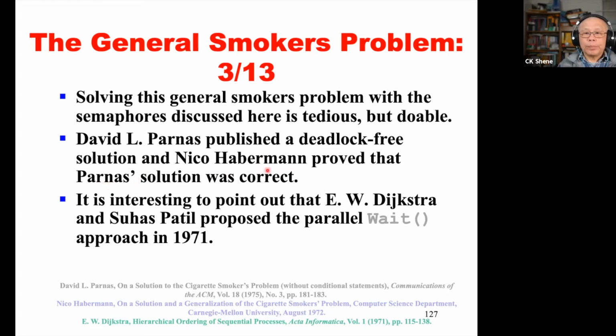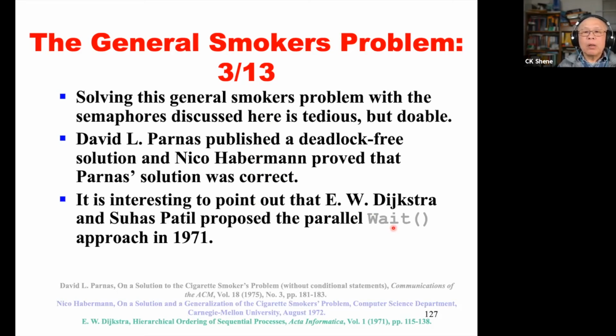Now, both Patil and Dijkstra proposed the so-called parallel wait approach to solve certain problems. For example, in Dijkstra's paper, he proposed parallel wait in order to solve the Dining Philosophers problem.